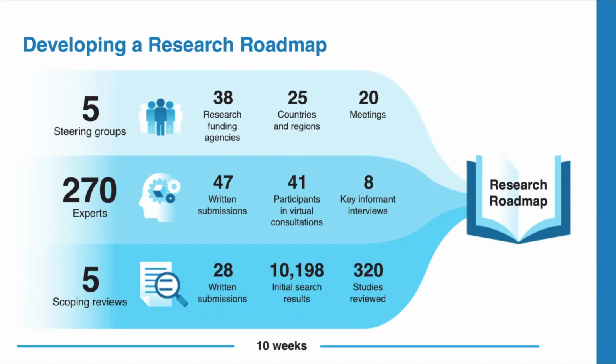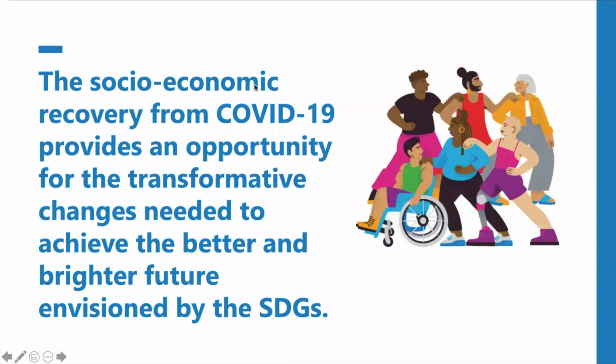And so ultimately, in this research roadmap, what we do is we articulate an opportunity. This roadmap is really all about highlighting that this unprecedented time that we're about to find ourselves in once we get through this pandemic will be a time of great change.